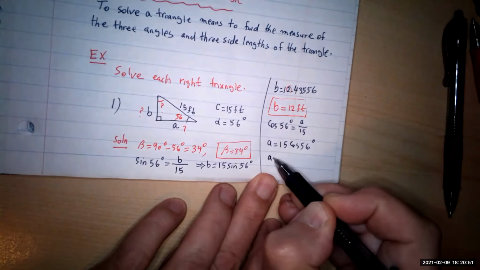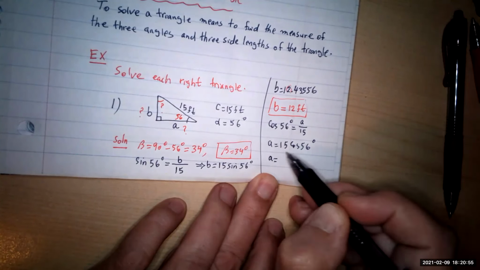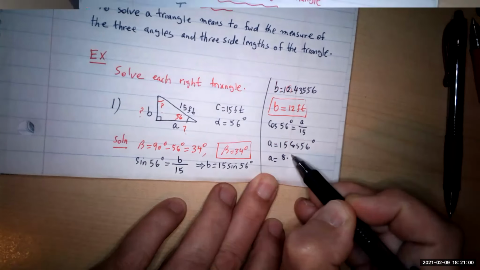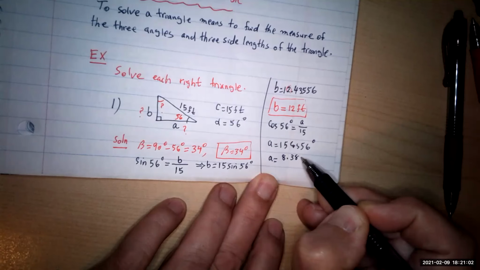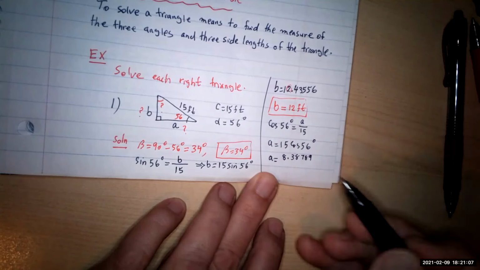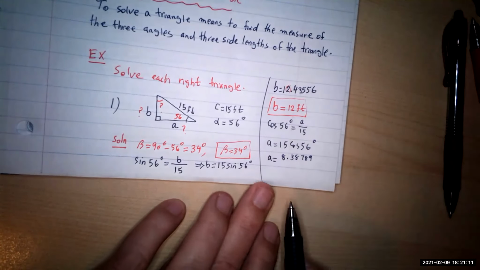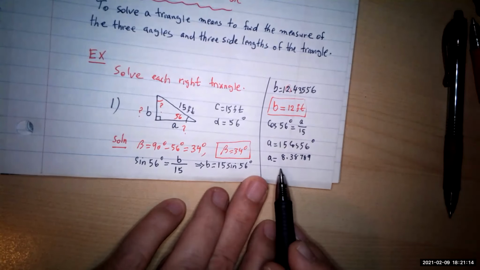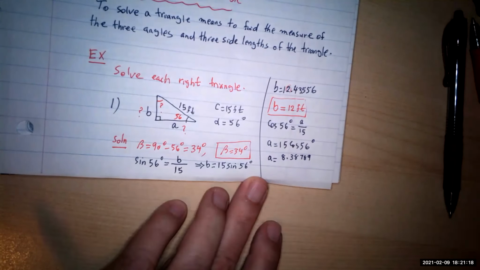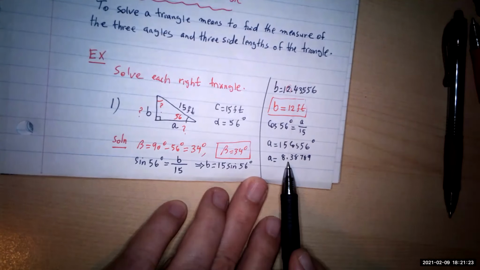If you multiply them together, you arrive at 8 point something like 38, 78, 9. You don't have to write it down. On the test, you can use your calculator to give us the answer, and we accept it right away. But remember, you are going to use 2 significant digits, so over here it is 8.3.